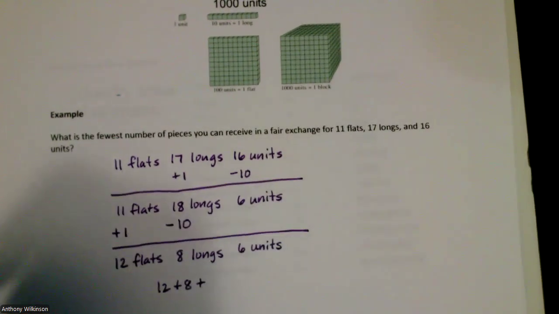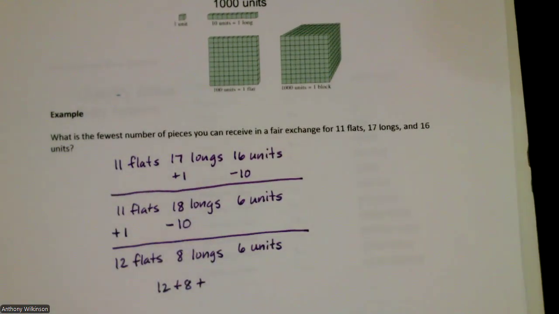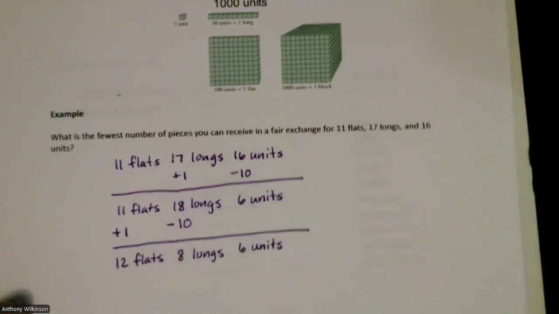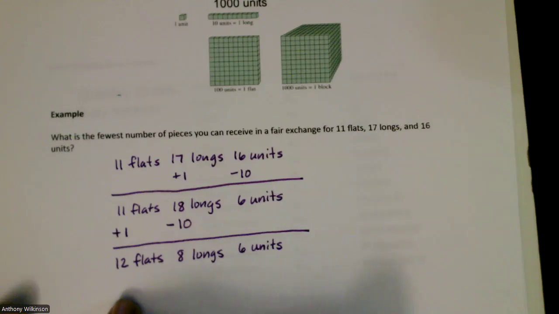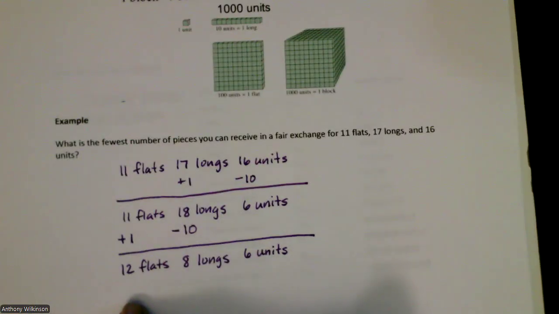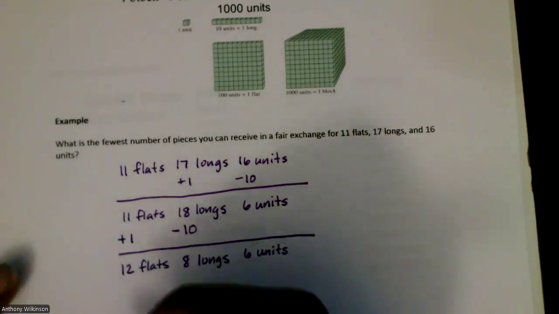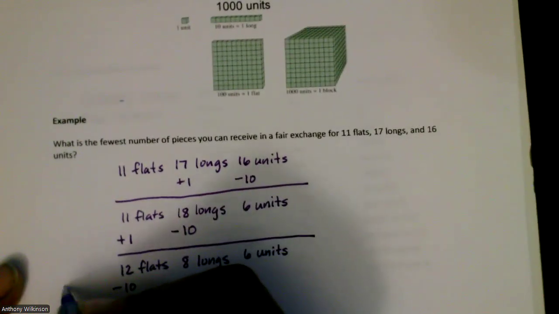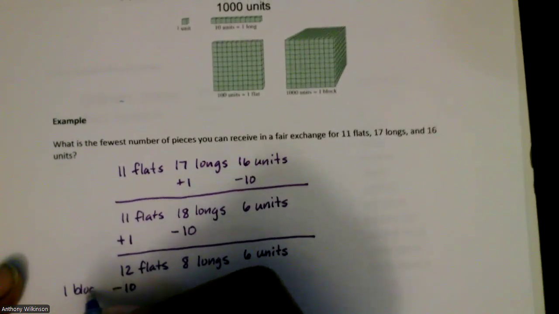Oh, one more thing I forgot to do. Let me erase this. 12 flats. Notice that I can exchange 10 flats for one block. So let me subtract 10 of those flats, and in exchange for it, one block.